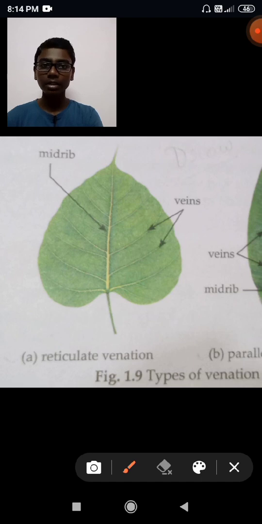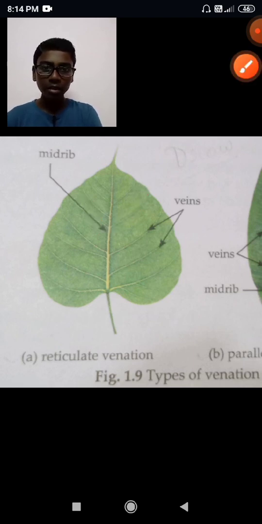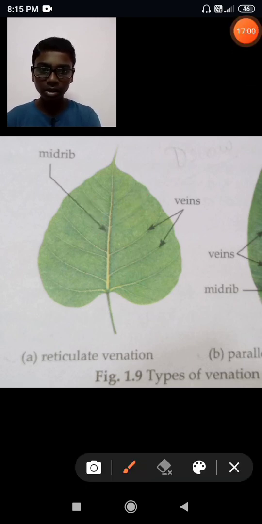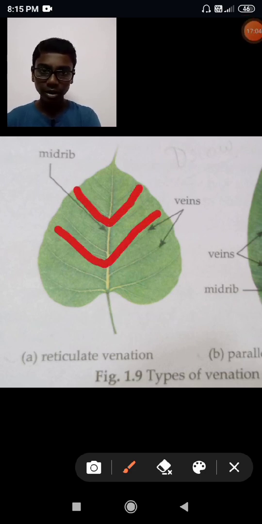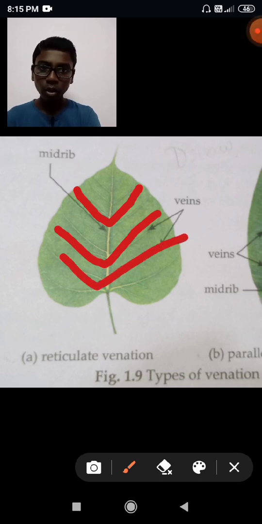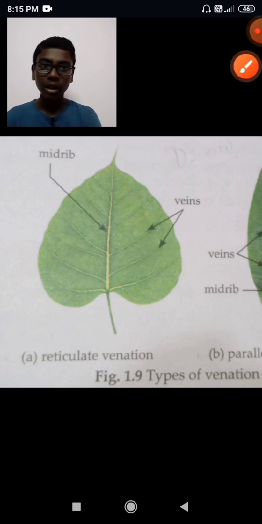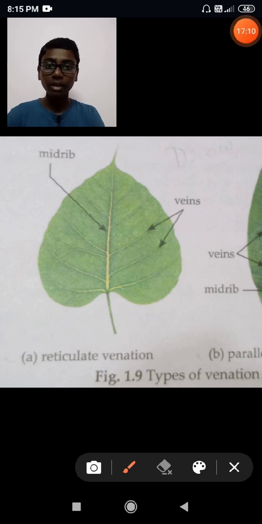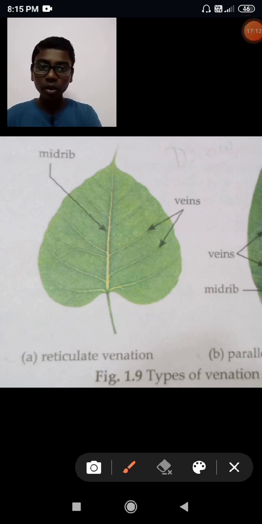Somewhere it is reticulate, meaning it is V shaped. This is known as reticulate. It is somehow like this. Not only V shape, it forms a net-like structure.